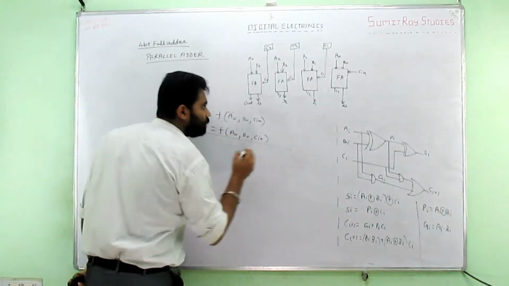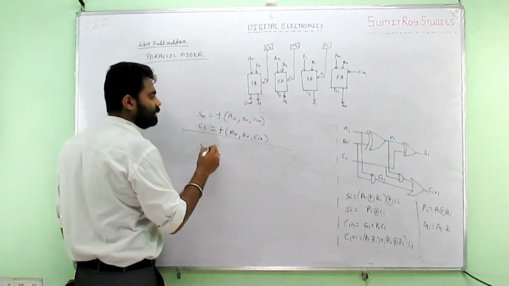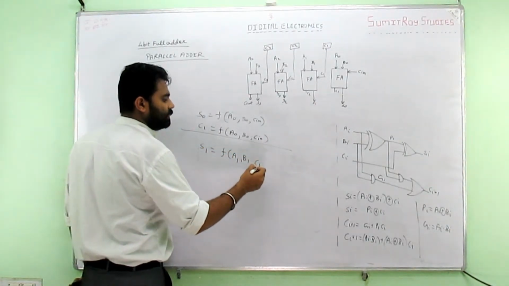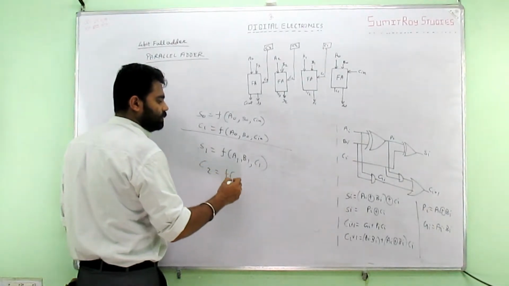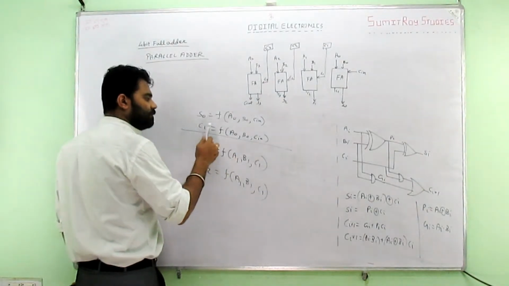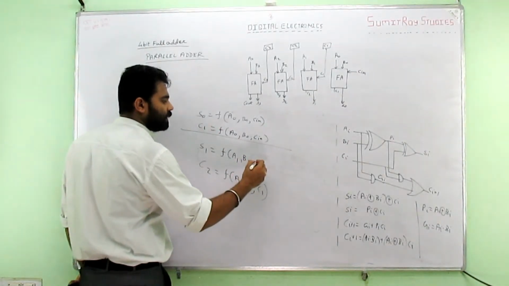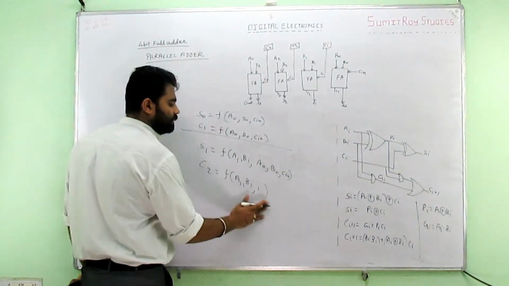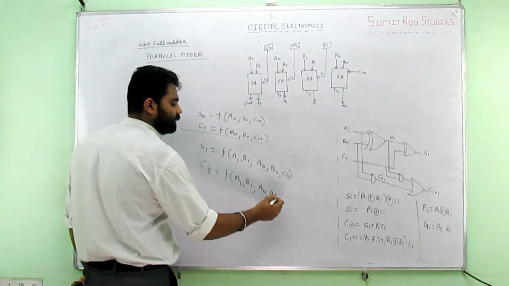Second part, S1 is dependent on A1, B1 and C1. C2 is dependent on A1, B1 and C1. Now, as C1 is a function of A0, B0, I can write, instead of C1, A0, B0 and Cin.